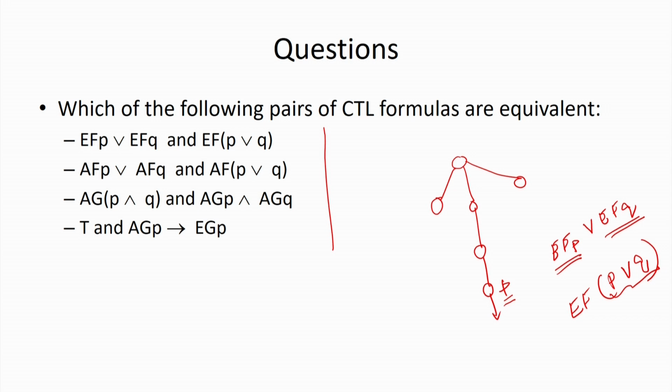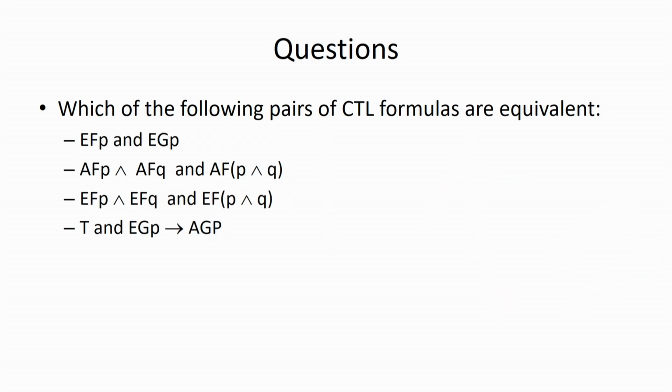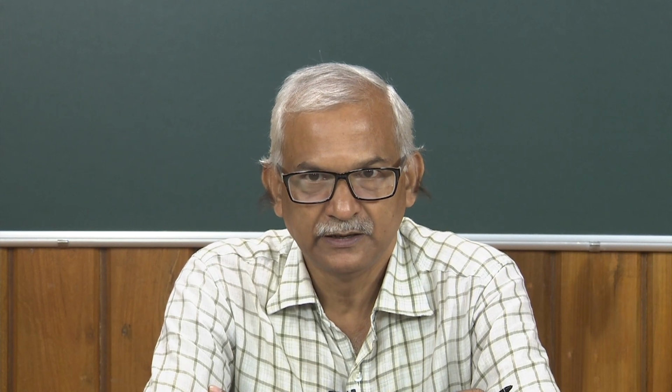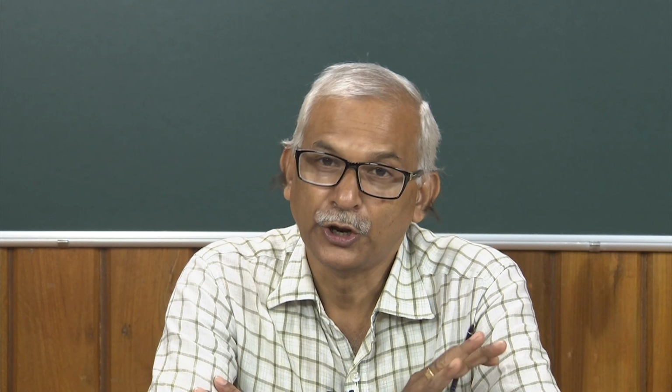Now, by looking into the meaning of the operators OR and EF, we can find that these two formulas are equivalent, where whatever model you are going to consider, if one is true in a particular state, then the other will also be true. Similarly, you can look for the other one. So, the other set we are going to consider over here, and here you will find that these are not equivalent.